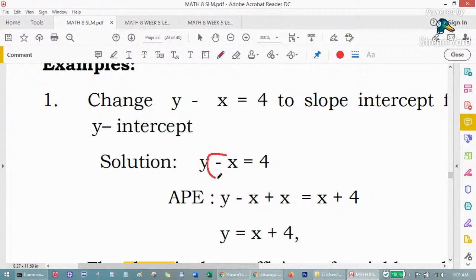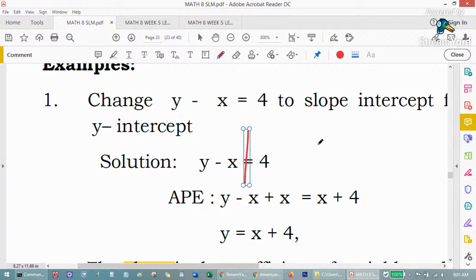So, yung short method dun, para hindi na natin gawin tong step na to, yung negative x, you're going to transpose to the other side. Kasi yung equals, yan yung pinaka-middle. Ito yung right side, ito yung left side.